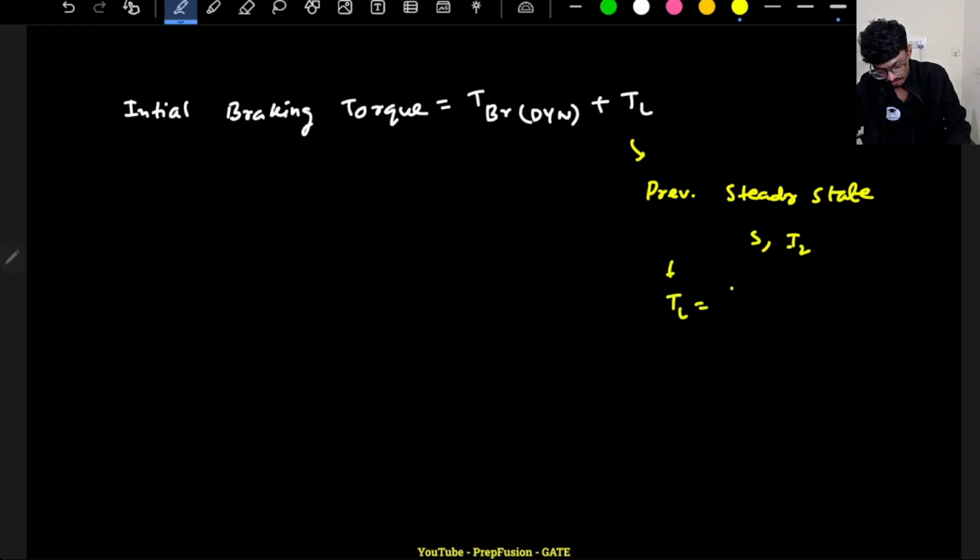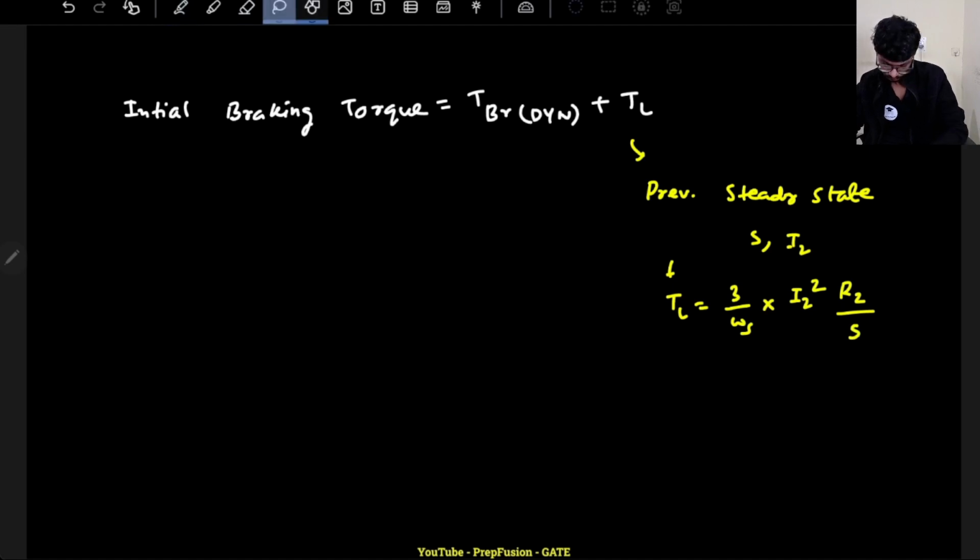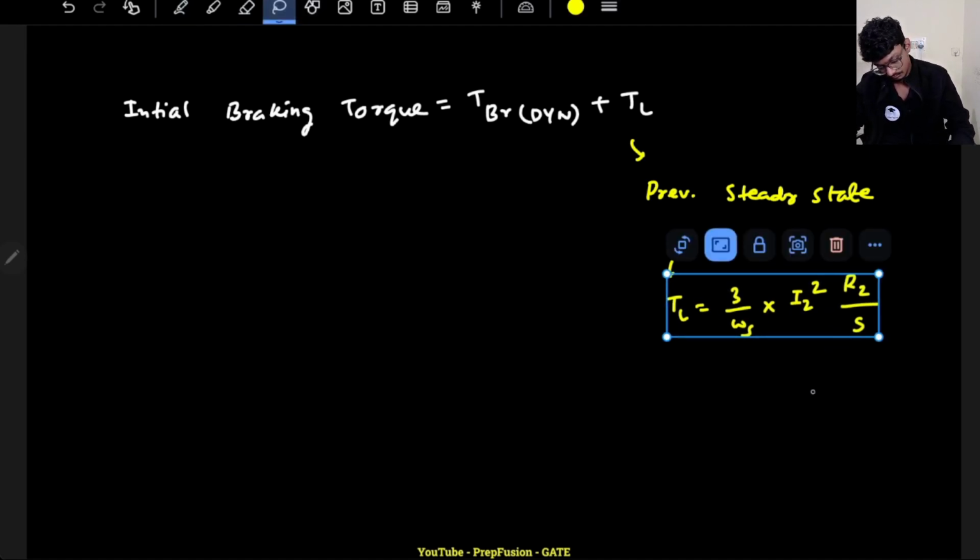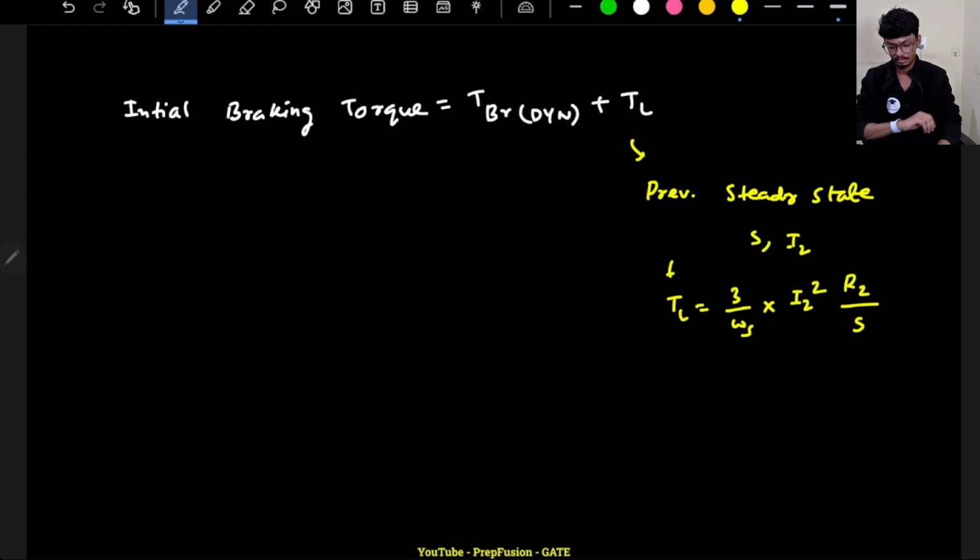Previous load torque will be 3 upon omega s into I2 whole square into R2 divided by S. Okay, so that is what my TL is equal to, right? From the previous values you can find out.